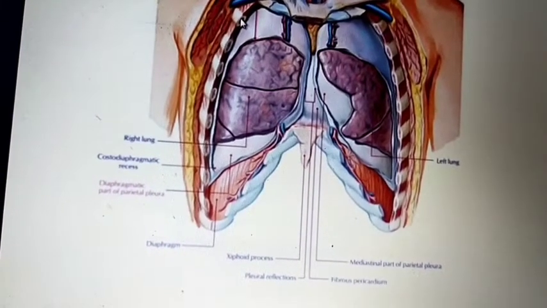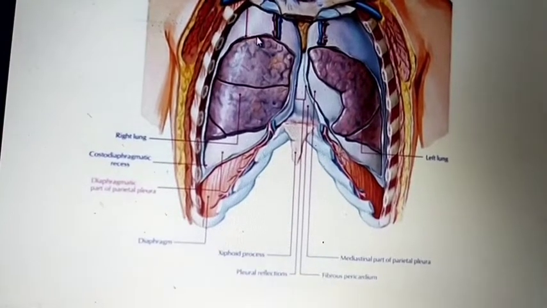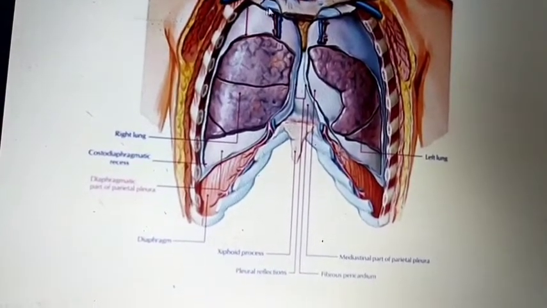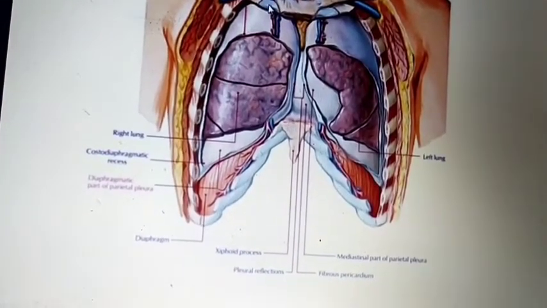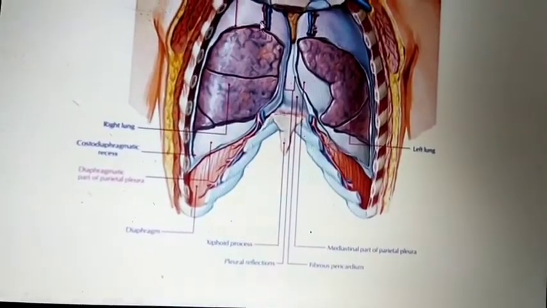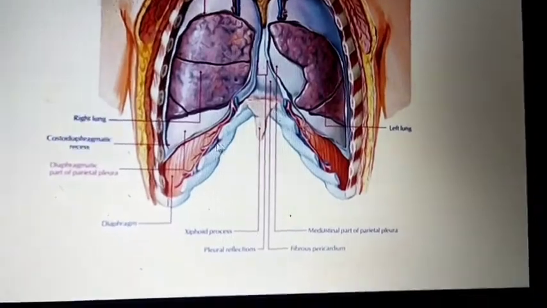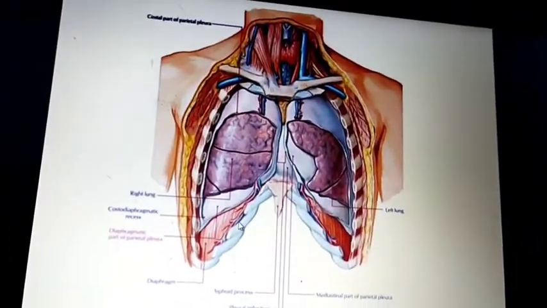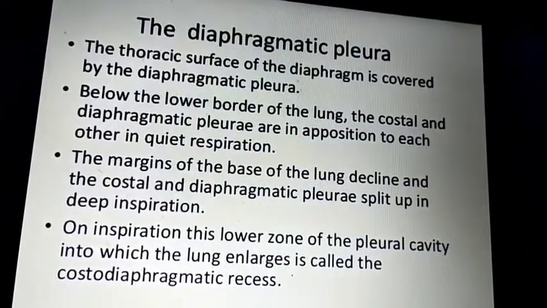These are the ribs, these are intercostal muscles, and like that these are our vessels. Posteriorly, mainly the nerves.